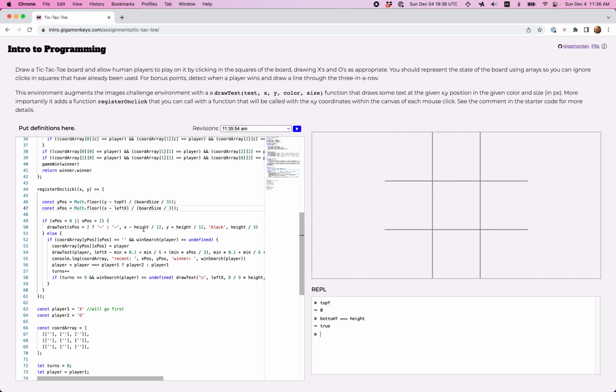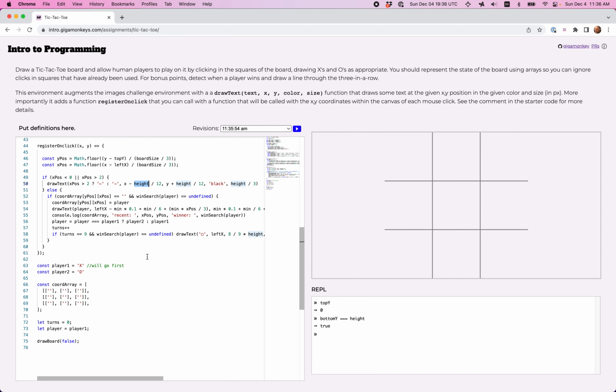And let's see, are there other places we used min? I suspect all of these heights should really be board size, especially when we're talking about X, but really in all cases would be my guess.